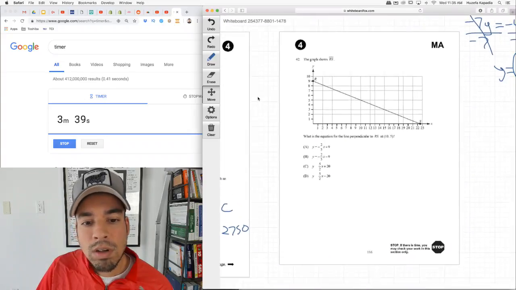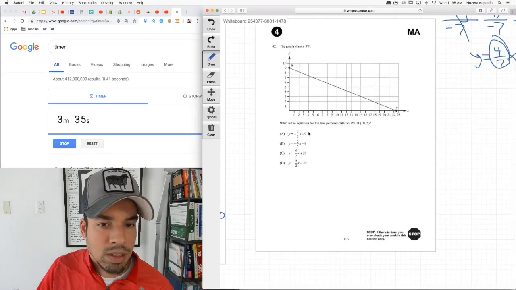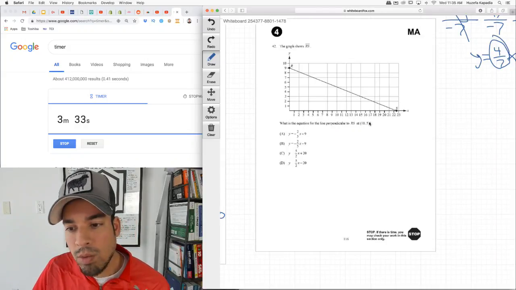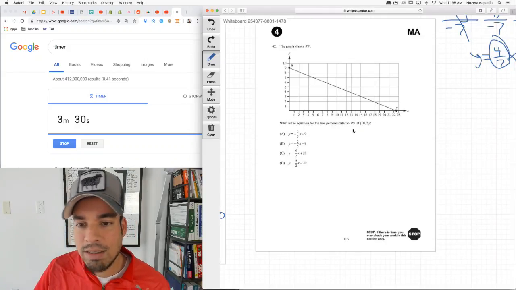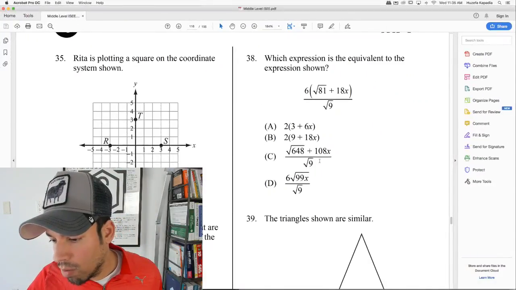Okay, one problem left. So I can tell you we have plenty of time. 3 minutes is more than enough, 3.5 minutes. What is the equation for the line perpendicular to RS at 10.5? You know what, let's take the proper screenshot here because we want to see more details.